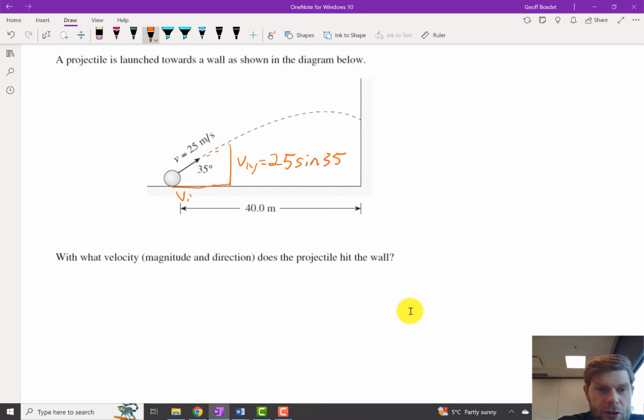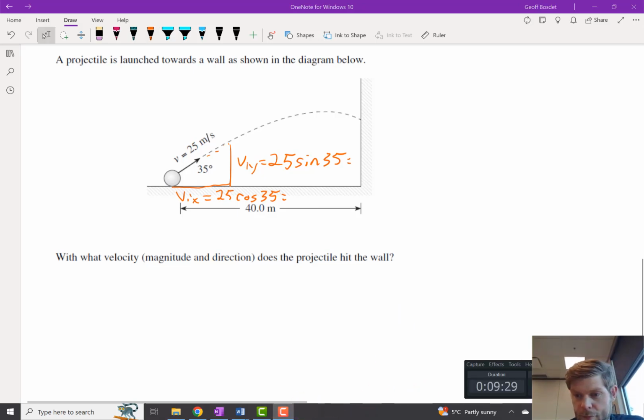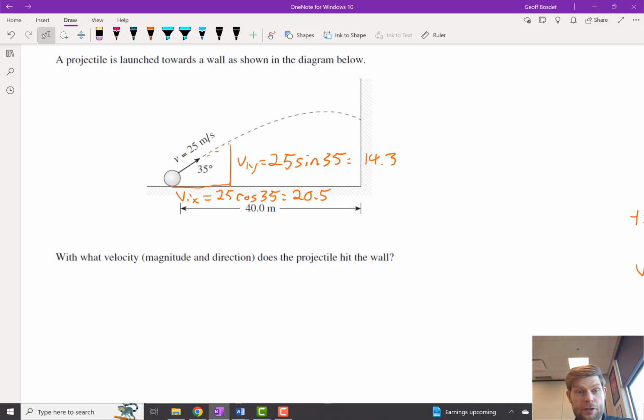And my initial x velocity is going to equal 25 cos 35. So just like before, we found our y initial velocity component and our x initial velocity component, and then we'll ignore this and never use it again.